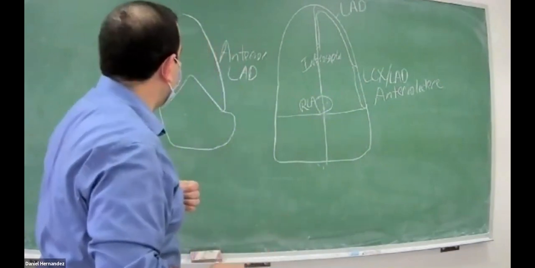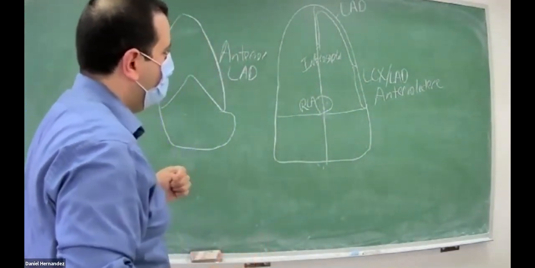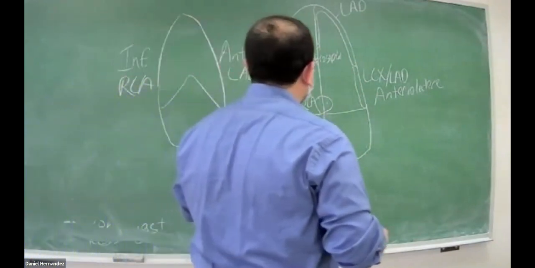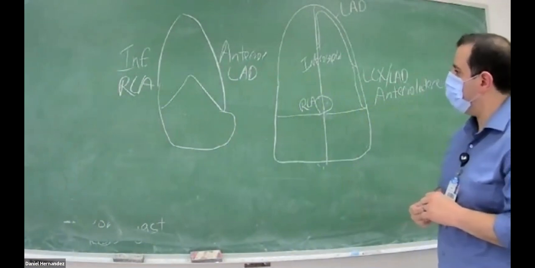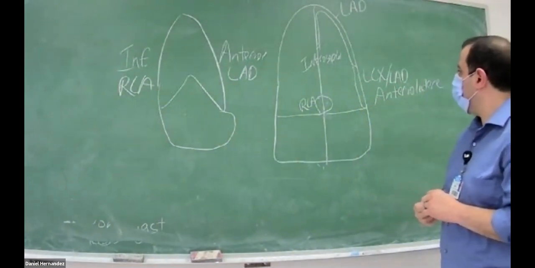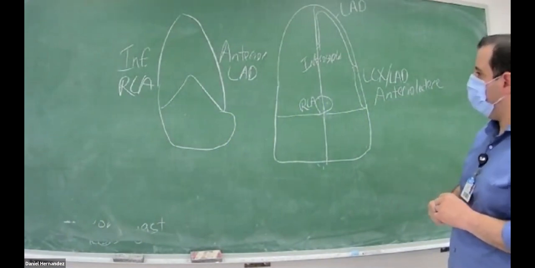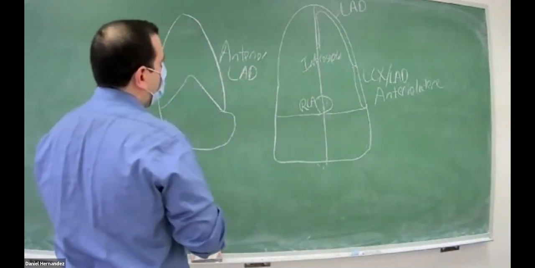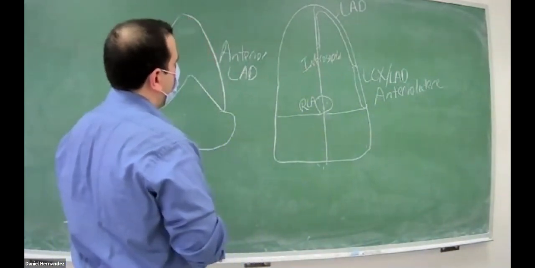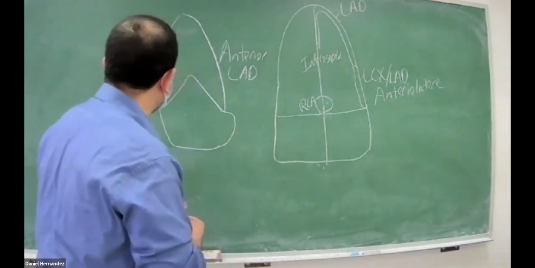Another way to try and remember your wall segments is where your notch on the probe is as well. When we're doing our apical four chamber view, think about which side of the screen is going to be your notch.